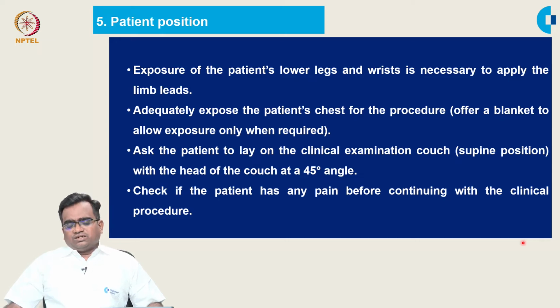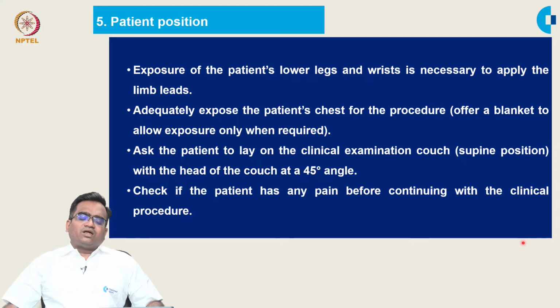Under patient position, exposure of the lower limb and wrist is necessary to connect the limb leads. Adequately expose the patient's chest for placement of precordial electrodes. Offer a blanket to the patient so that the patient can cover the entire precordial area. Only at the time of recording, for placement of electrodes, that particular area alone has to be exposed.